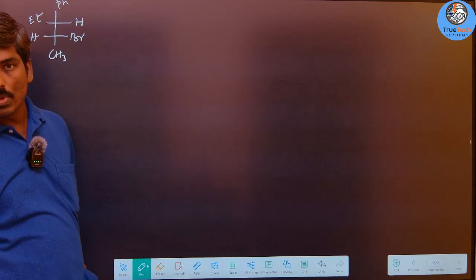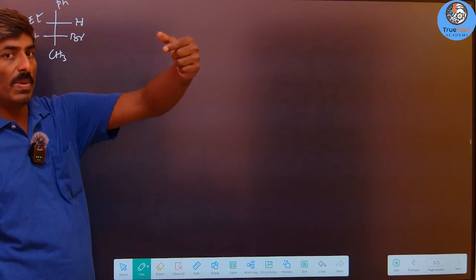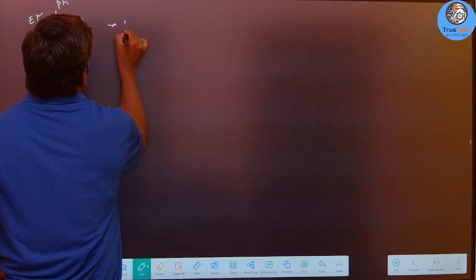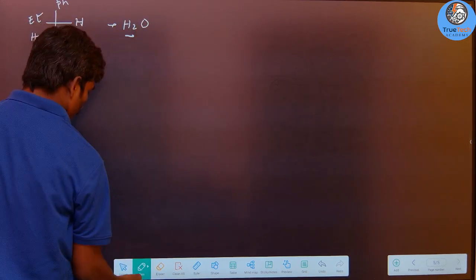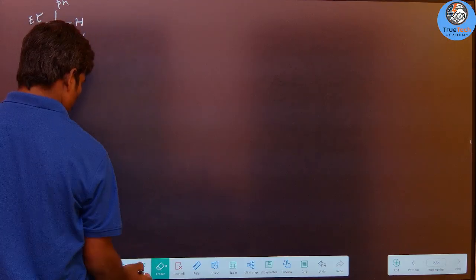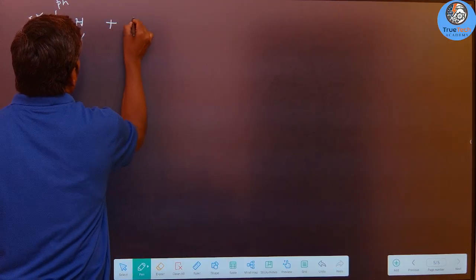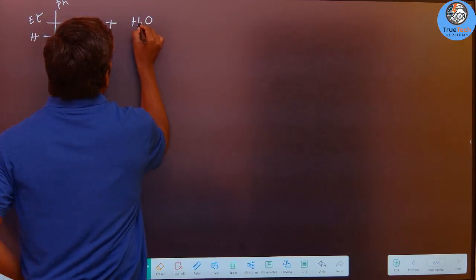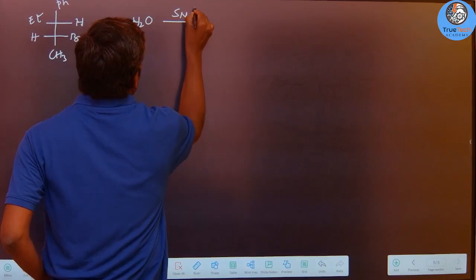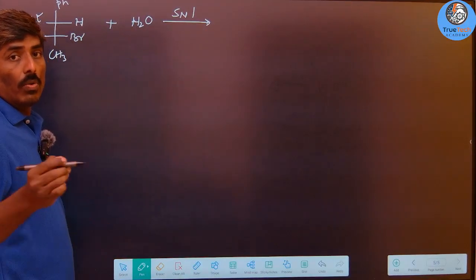See this example. If you see this example, this is the difference from the previous example, but the same concept. I am placing the nucleophile under SN1 condition. Under SN1 condition, how does it proceed?